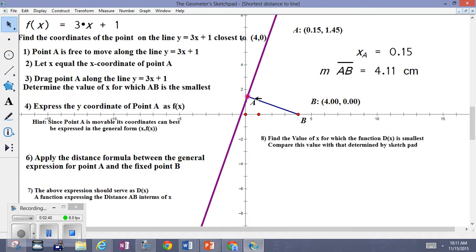So we're going to step out of Sketchpad for a moment and follow the directions to see if we can determine analytically this same minimal value. We'll be back in just a second.